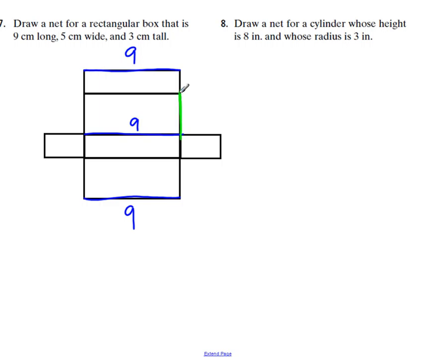So we'd also have this side here, which is 5, which is the same as this side and this one, and this one. And then all these short sides would be 3. Hopefully we're writing this down, not just waiting for something to happen.